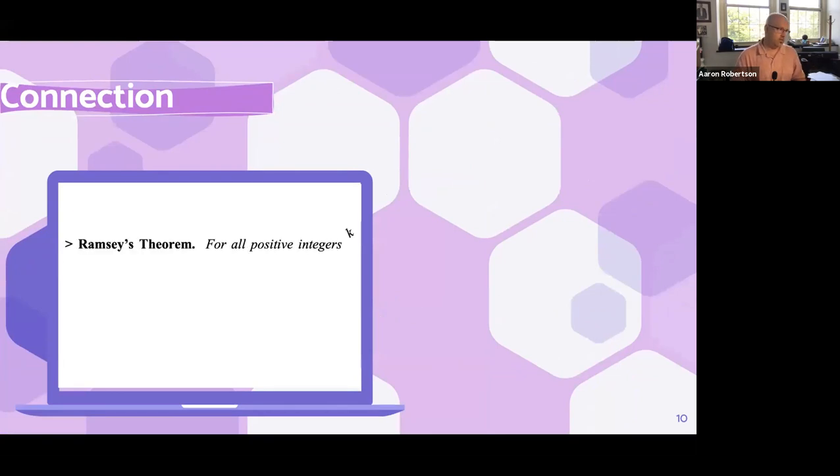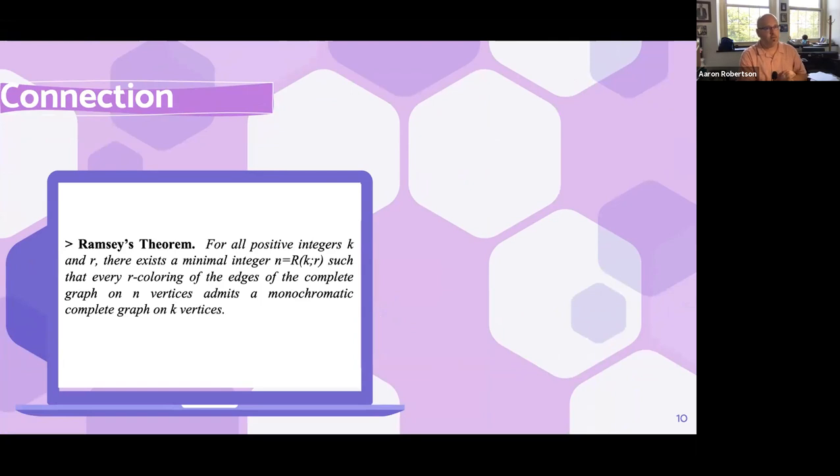So this is the famous Ramsey's theorem: if I have enough vertices and I color each edge with one of our colors, then there's some monochromatic complete subgraph. I'll look at the simplest case, two colors, and I want a monochromatic K3, a triangle.